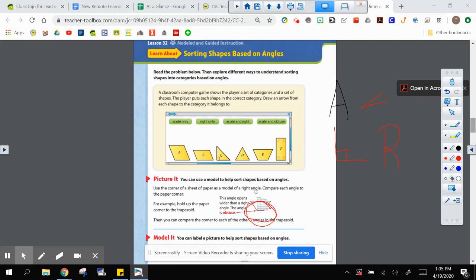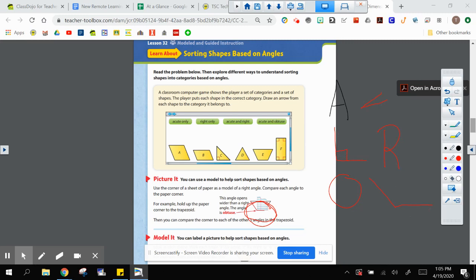And our last option is obtuse. An obtuse angle is nice and wide, like it's opening its mouth. So a small angle is acute, a right angle looks like a corner, and an obtuse angle is nice and wide.